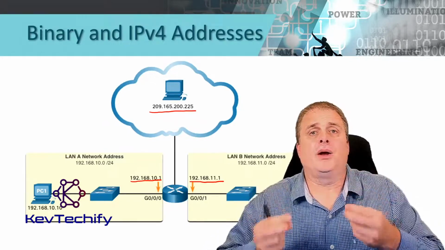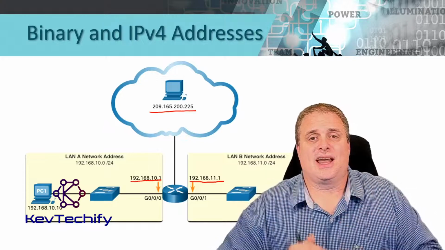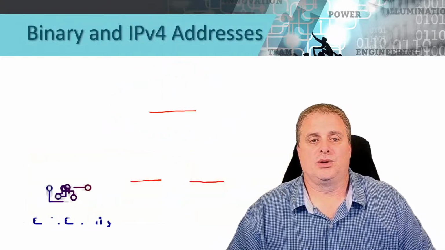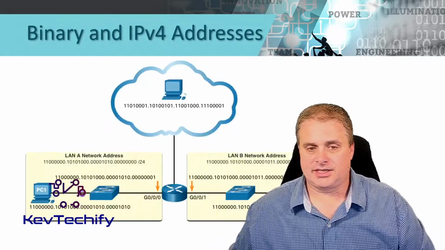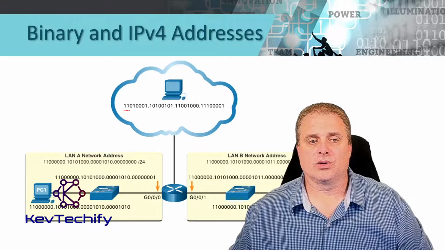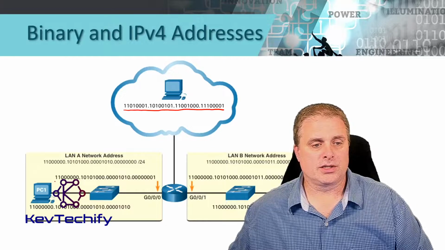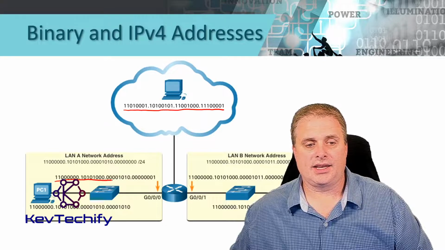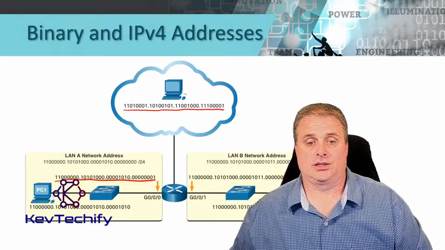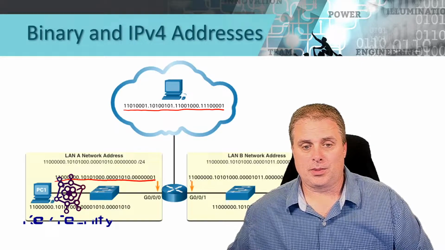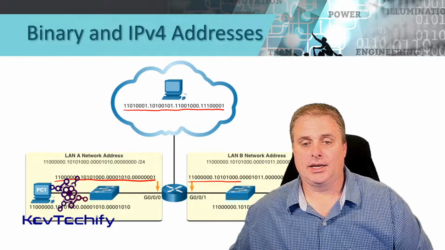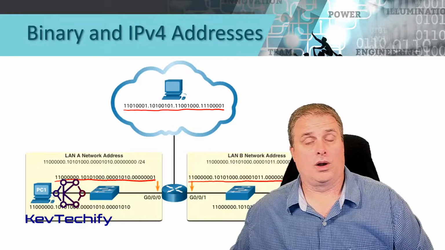But we do have to remember that when the computer sees an IP address, this is what the computer sees. It sees a string of 32 ones and zeros. So this represents the IP address that was here. This represents the 192.168.10.1 address. This over here represents the 192.168.11.1 address.